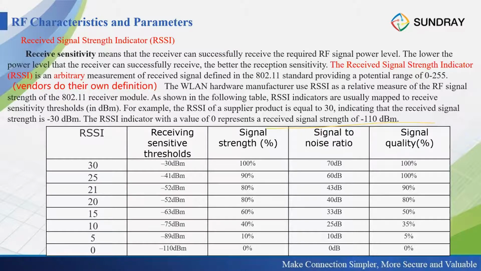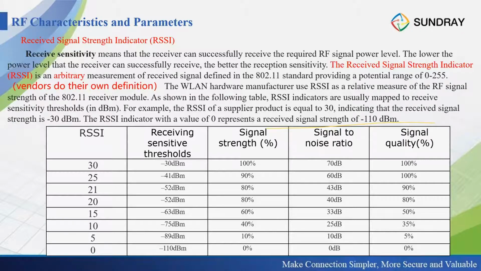This table shows one device. I'm not sure which vendor this device is from, but it shows that for these devices the max RSSI is 13. That means when the device detects a signal strength of negative 30 dBm, it will show 4 bars, 100%.